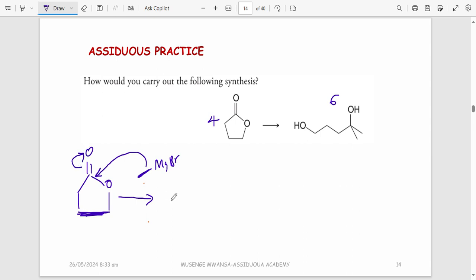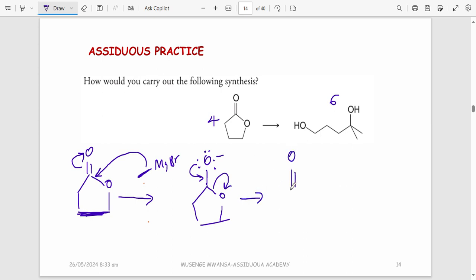That removes this, and we are going to have this. This is going to be negatively charged. Remember we said that as long as it's an ester, one bond comes back, and then the other bond attached to the oxygen will always break, and that forms the next product.